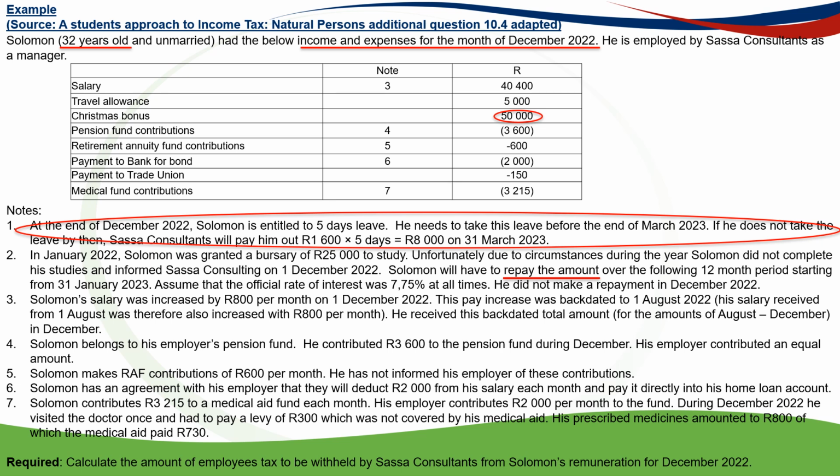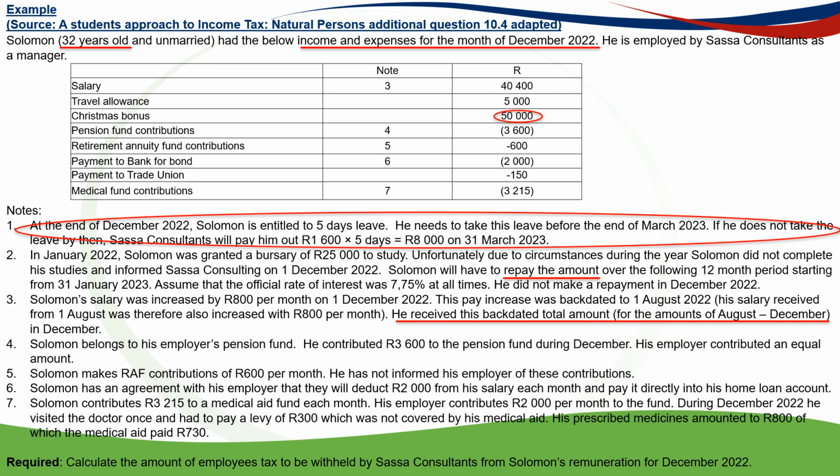So that results in a fringe benefit. So the interest portion that is the fringe benefit to Solomon has to be calculated on a monthly basis. So for December, that interest will be calculated at SARS's official rate and included in his remuneration as a fringe benefit.